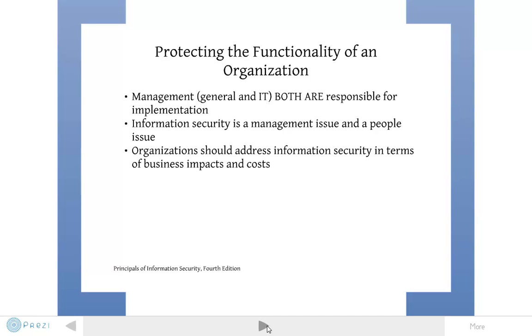So implementation of security is going to cost either real money, okay, you're going to have to spend some cash, but it's going to cost in productivity, right? And for everybody to be on board with that, you're going to need to have the general management involved, and then you're going to have the IT people involved.